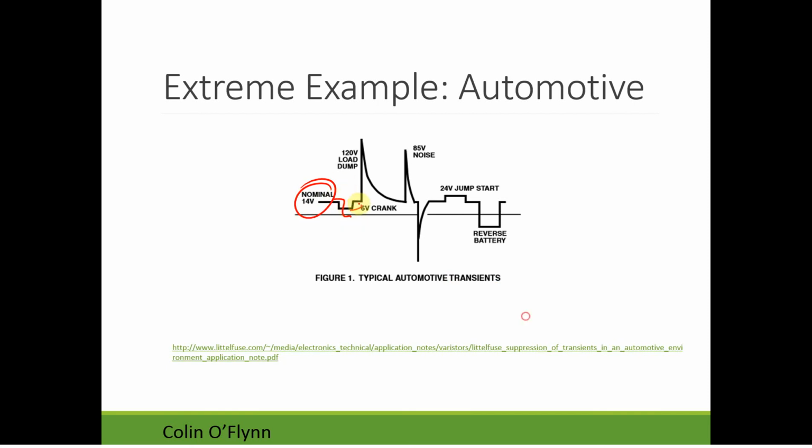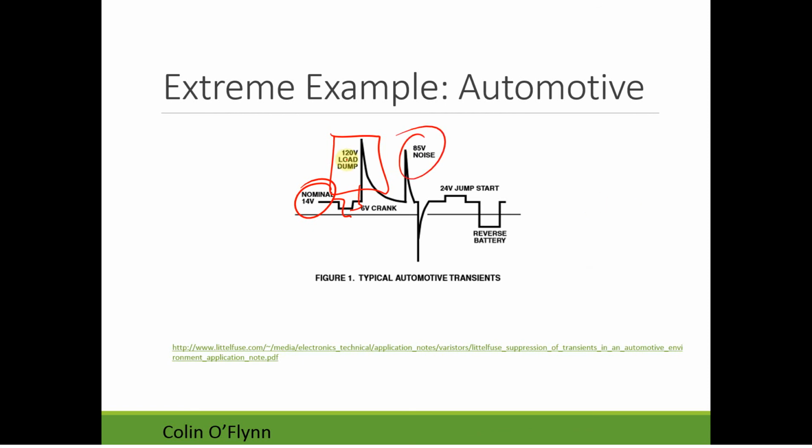You could have what they call a load dump. This is where the battery is disconnected with the car running, the alternator is continuing to spin, and there may not be the load to charge the battery, so the voltage could go way up to, they're saying, 120 volts. So normally 14, easily up to 120.